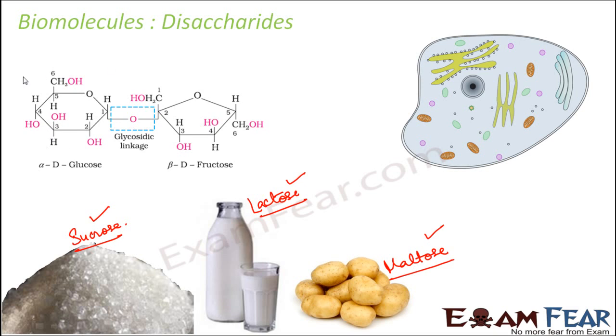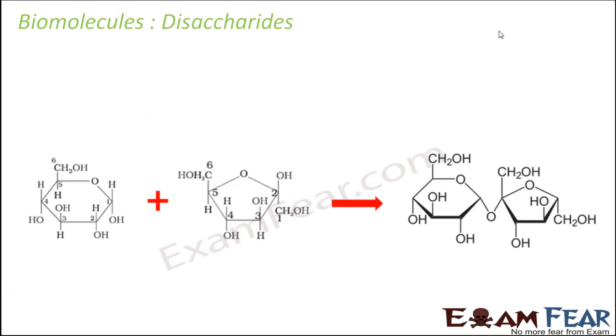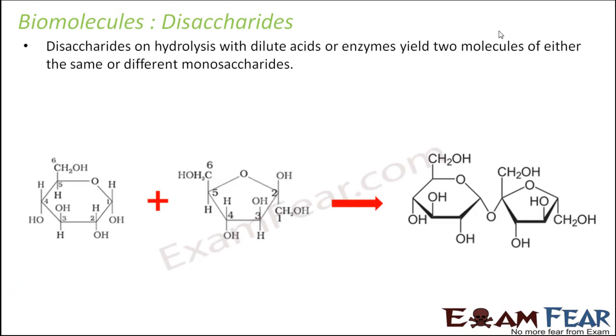Here you can look at the structure of sucrose. You can see this is one glucose unit and one fructose unit, and they are joined together by a glycosidic linkage. When we talk about disaccharides, on hydrolysis what will it give?